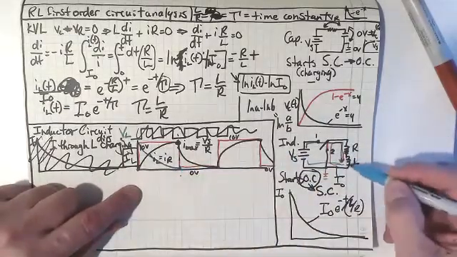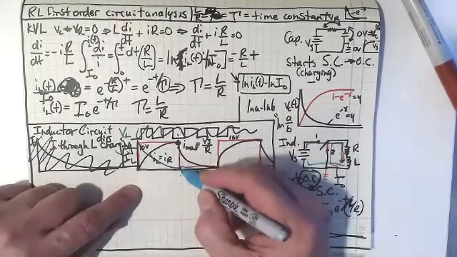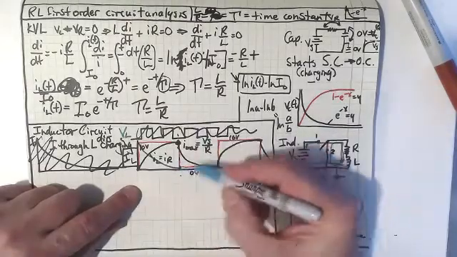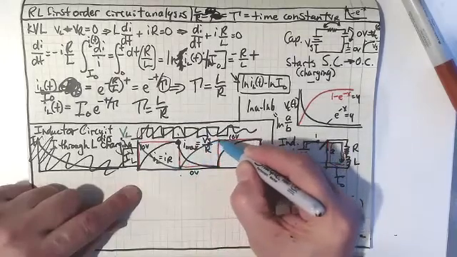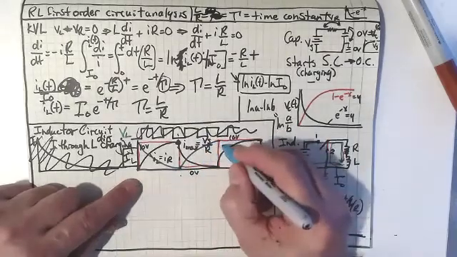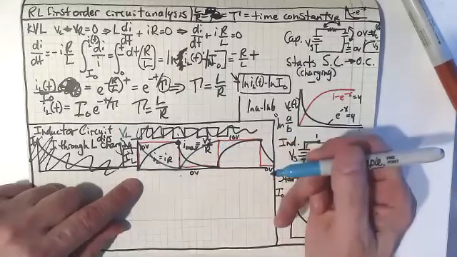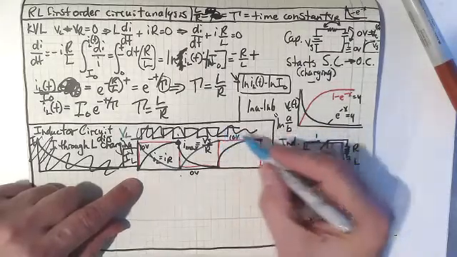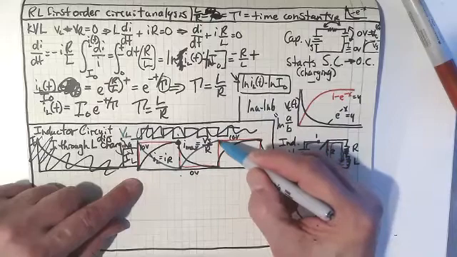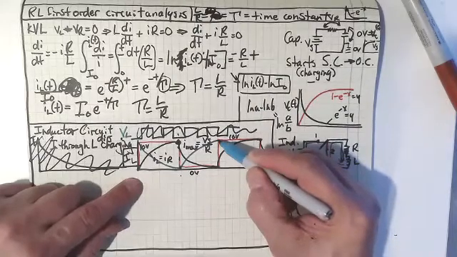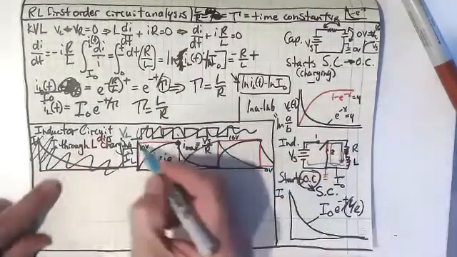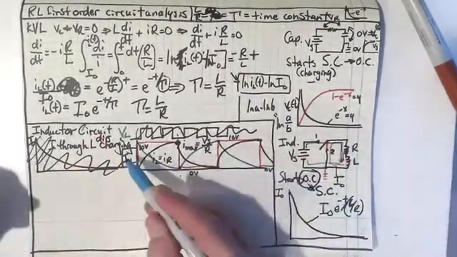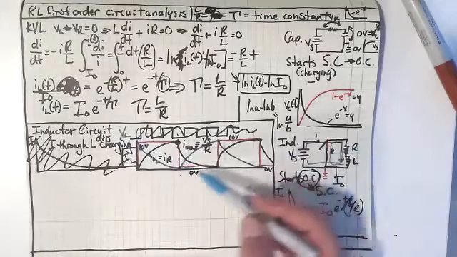Then I switch it to the other one. This starts to discharge, so it's going to go up like this, right? And then at the end, it's going to be back at V sub S. And then we're just going to continue doing that again and again.